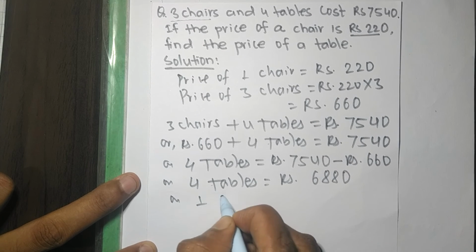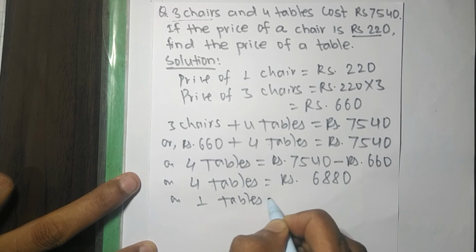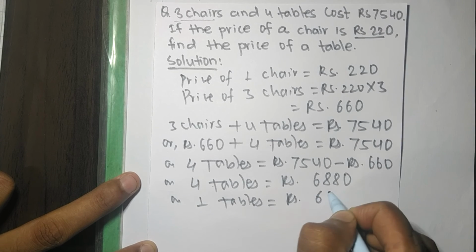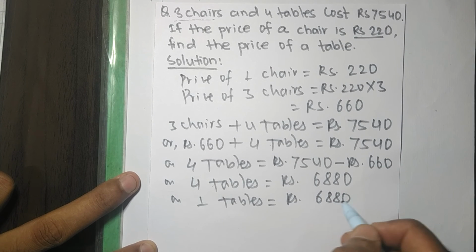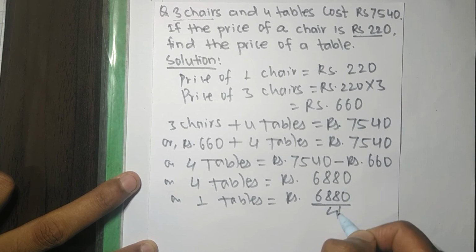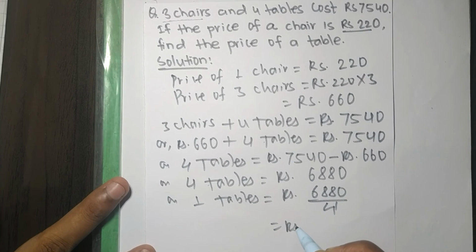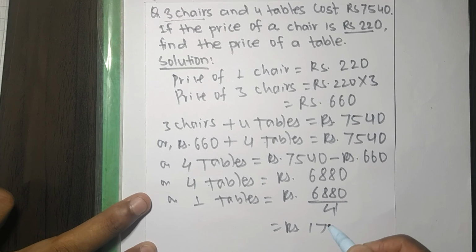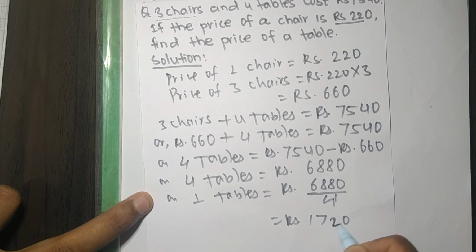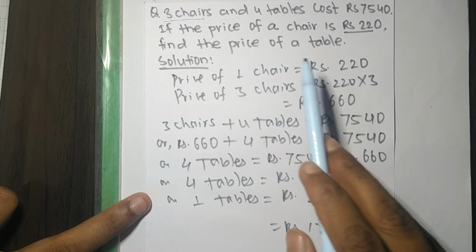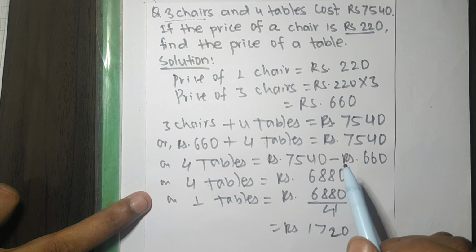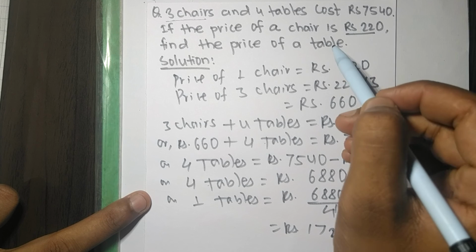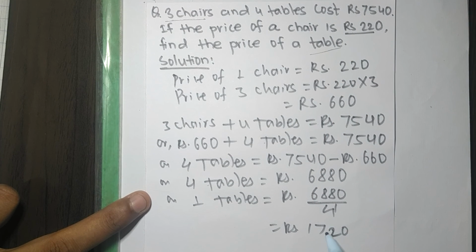So the cost of 1 table would be Rs 6,880 divided by 4, that is Rs 1,720.